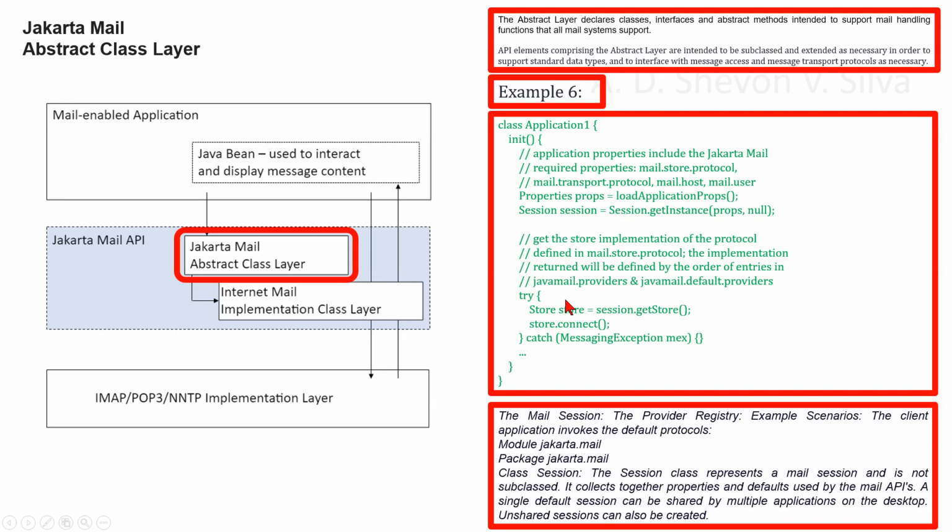Get the store information, the store implementation of the protocol defined in mail.store.protocol. The implementation returned will be defined by the order of entries in javamail.providers and javamail.default.providers.